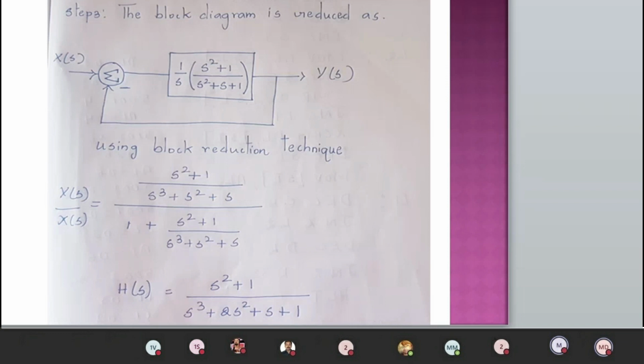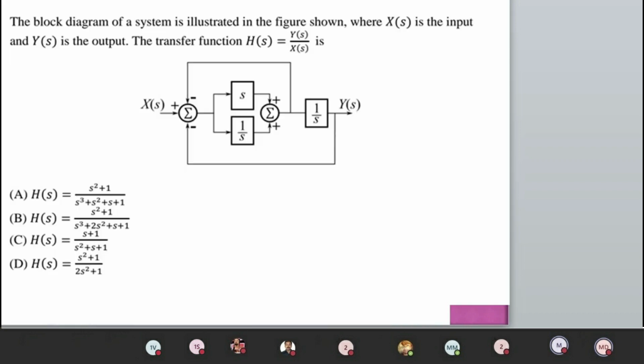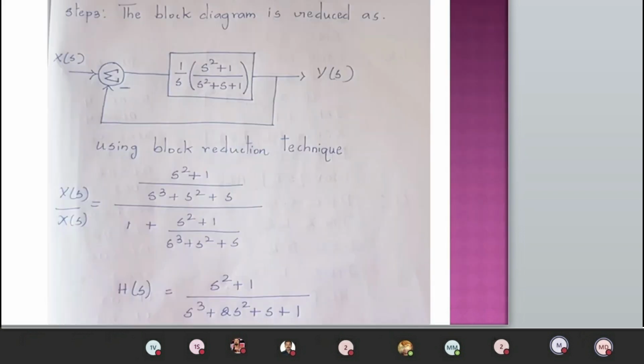So S square plus 1 divided by S cube plus S square plus S divided by 1 plus S square plus 1 divided by S cube plus S square plus S. Okay, so from this, you can easily work out the result, which is nothing but S square plus 1 divided by S cube plus 2 S square plus S plus 1. So S square plus 1 divided by S cube plus 2 S square plus S plus 1 is nothing but B.